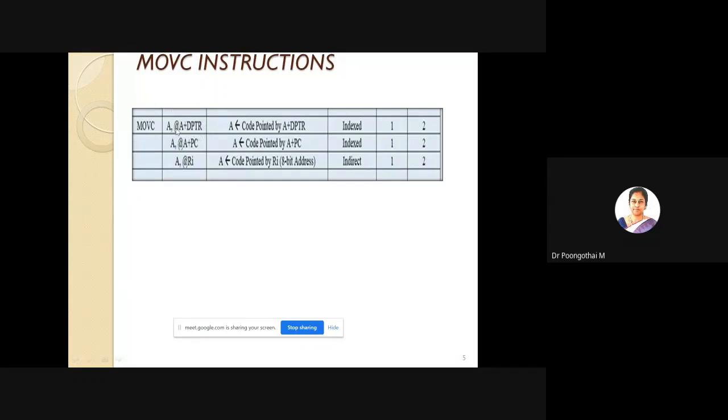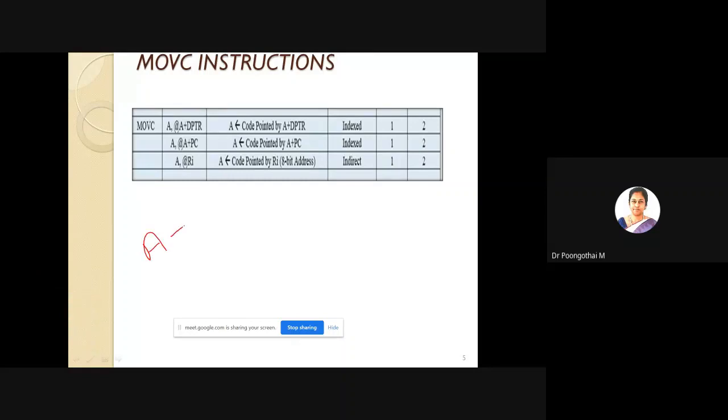So here the content of accumulator is added with DPTR, and this will result in some address. So the data pointed by that address is transferred to accumulator. So code pointed by A plus DPTR is transferred to accumulator. Addressing mode, indexed addressing mode, it takes 1 byte of memory and 2 machine cycles are required to execute this particular instruction.